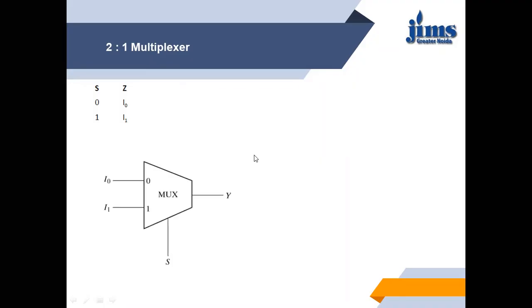This is the block diagram of the 2:1 mux. We have two inputs I0 and I1, a single select line S, and an output Y or Z. Now what happens when S is 0? Whenever S is 0, the output is connected to I0. When S is 1, the output is connected to I1.